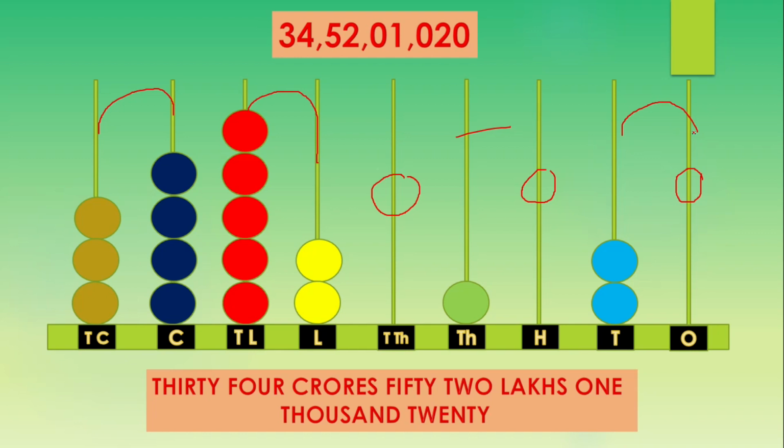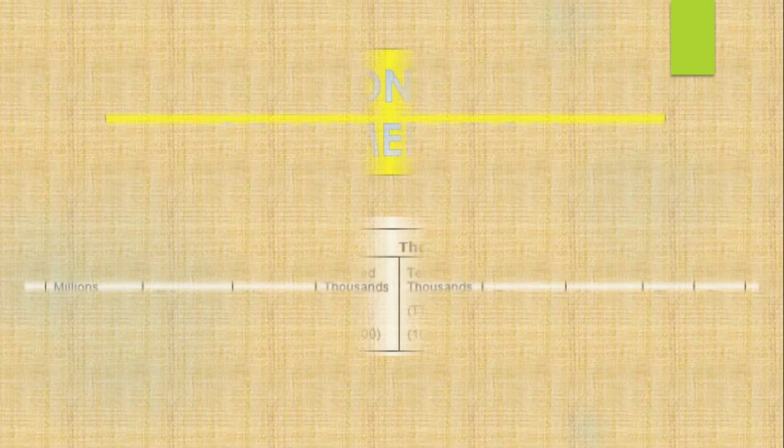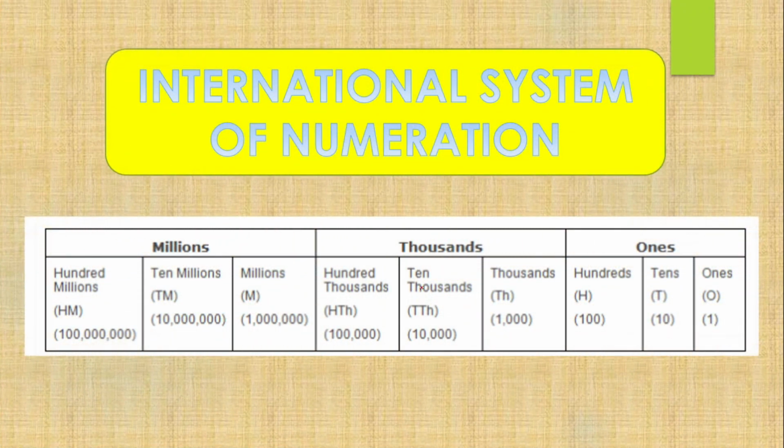So this was all about the Indian system of numeration. Children, now next we have the international system of numeration to read larger numbers. Here you can see the chart of the international system of numeration. Here also we have the ones period, then the thousands period, and the next one is the millions period.